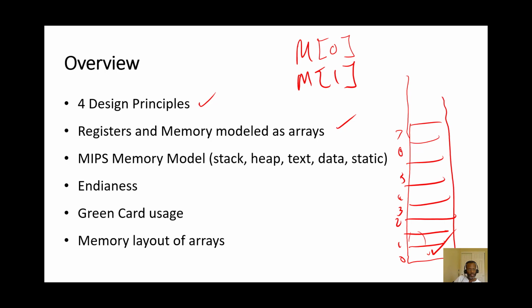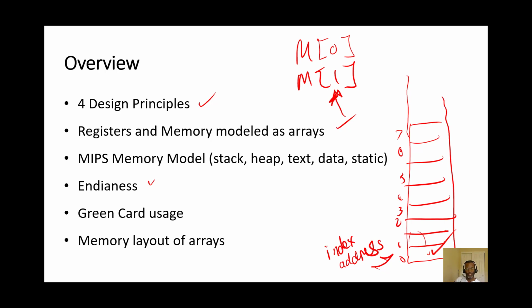And then within these addresses, you can think of the index being an address. So just like an index in an array would be used to extract or look at an element, we can think of addresses being indices into arrays.